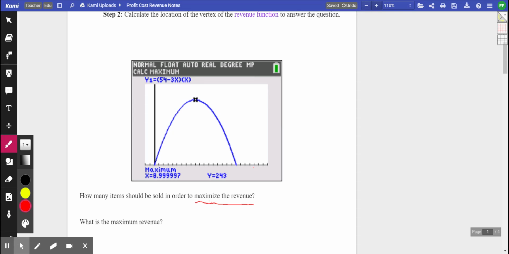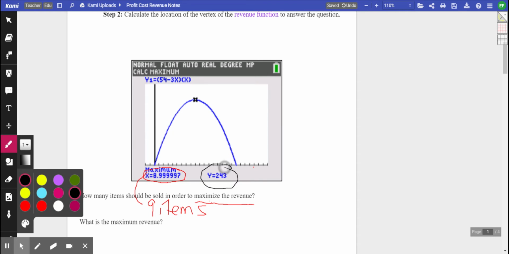So how many items should be sold in order to maximize the revenue? Well, our x represents the number of items. So if I bring that down here and I round it, I'm not selling 8.9 items, I'm selling 9 items. I know that's going to maximize my revenue at $243.